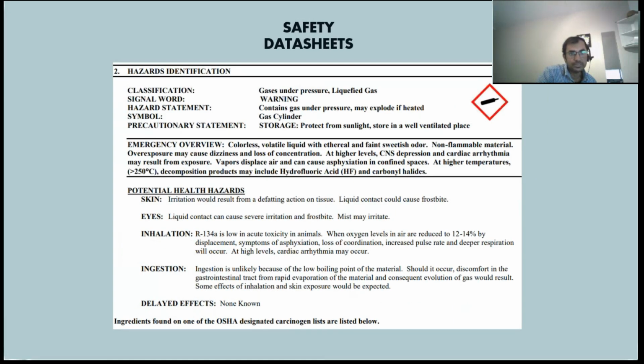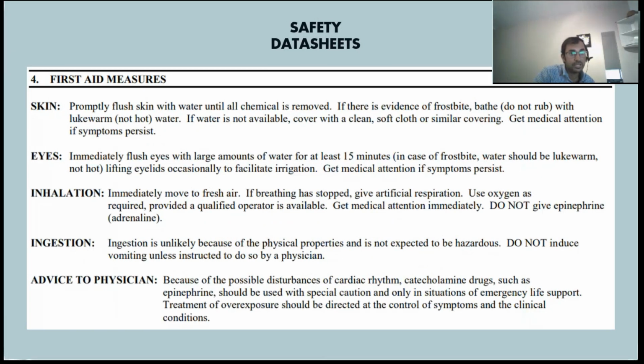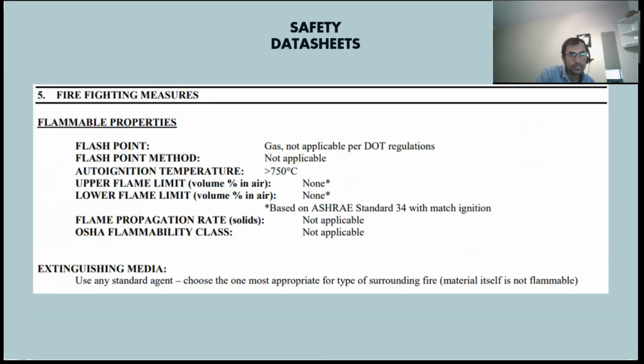Its classification covers potential health hazards, such as reactions with eye, skin, inhalation, and ingestion. These details and first aid measures have to be indicated in the safety data sheet so that people will know the consequences of the refrigerant during handling, installation, or maintenance.